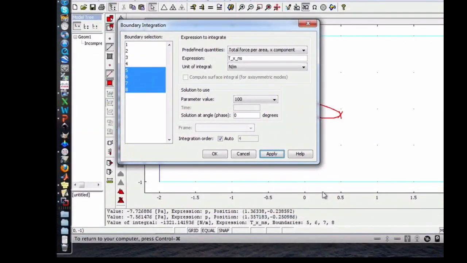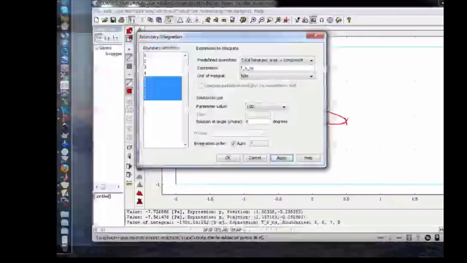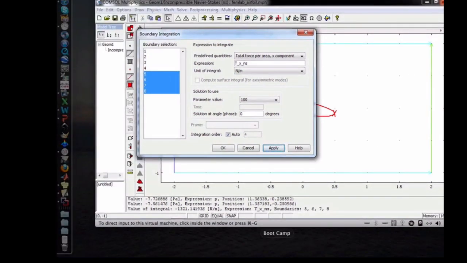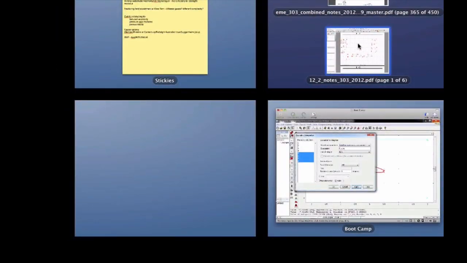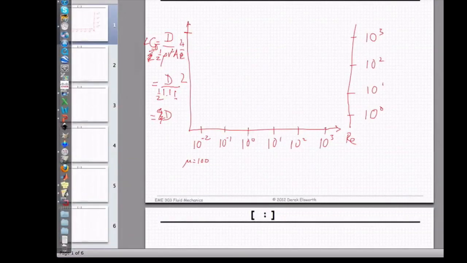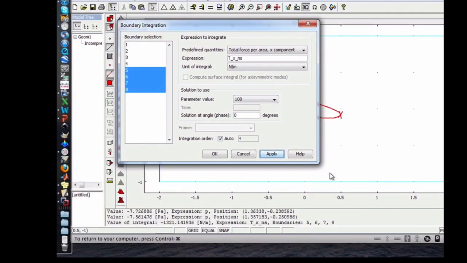So for the case when we were flowing at the smallest Reynolds number, the total force applied was equal to 1,300 newtons. You see you took me up on my offer. So 1,300 newtons is just more than 1,000, so it's up here somewhere. We don't necessarily want to do all of them.